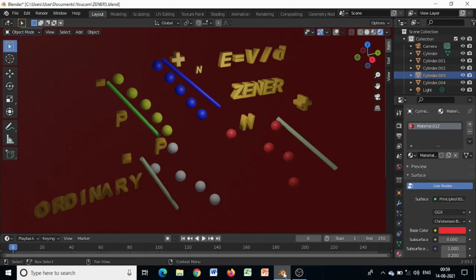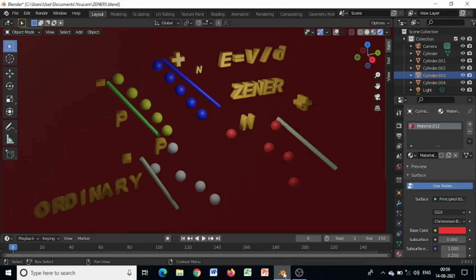But for the comparison of Zener diode and ordinary diode, I have considered only 5 electrons in the Zener diode as well as 5 electrons in the ordinary diode in the N side. Similarly, 5 holes in the P side in the Zener diode and 5 holes in the ordinary diode.